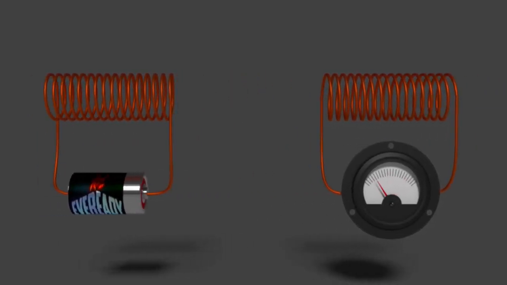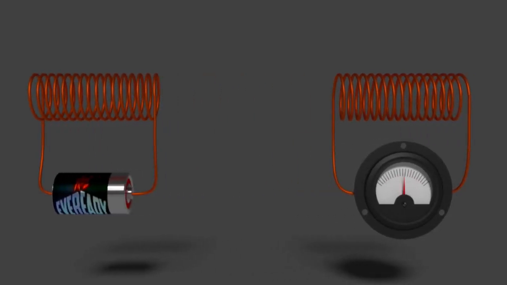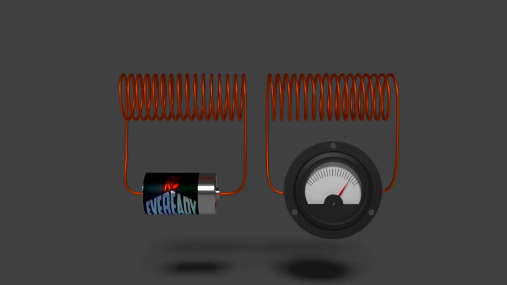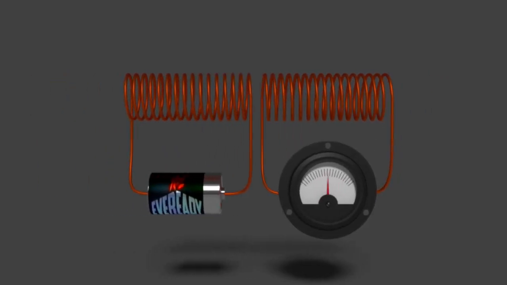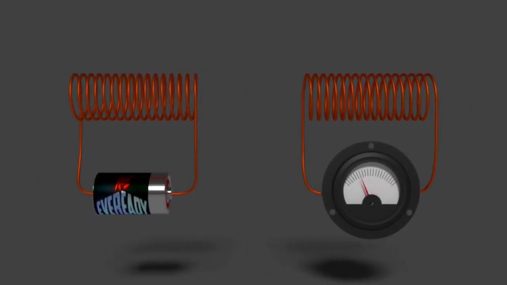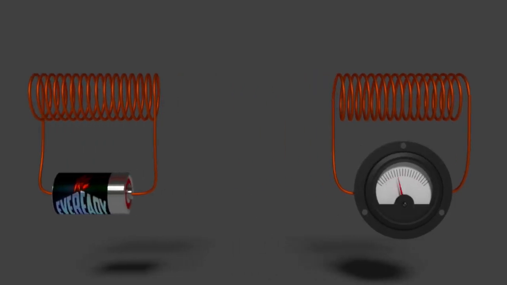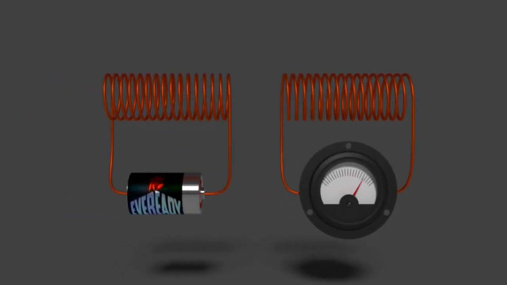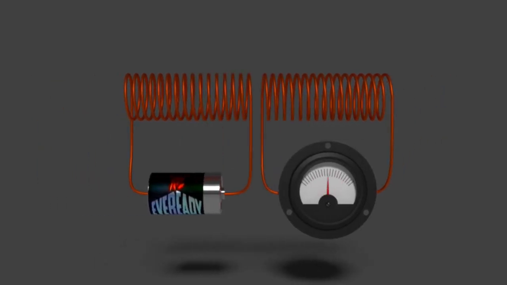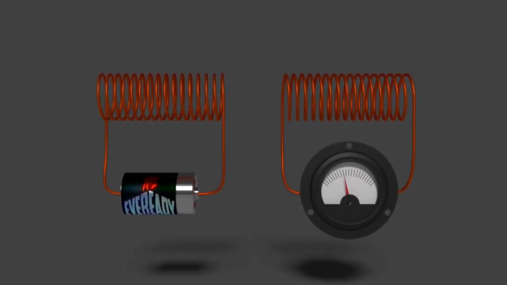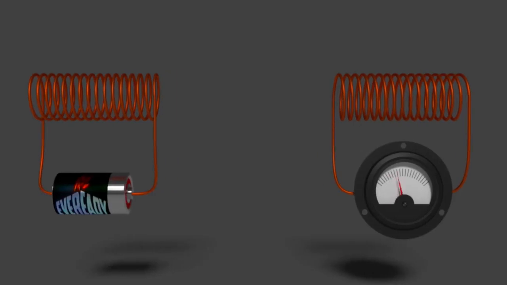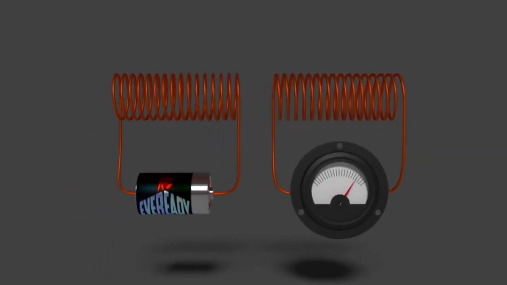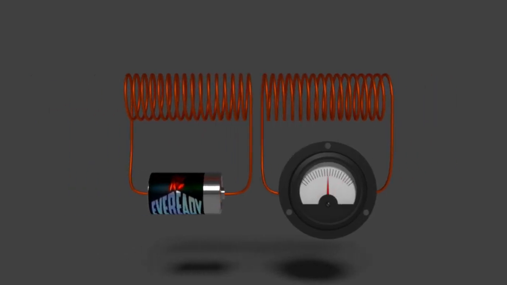When the coils come closer, there is an increasing rate of flux linkage, and when the coils go away from each other, there is a decreasing rate of flux linkage. Thus, the polarity of the induced EMF in a conductor depends upon whether the rate of change of flux linkage is increasing or decreasing.